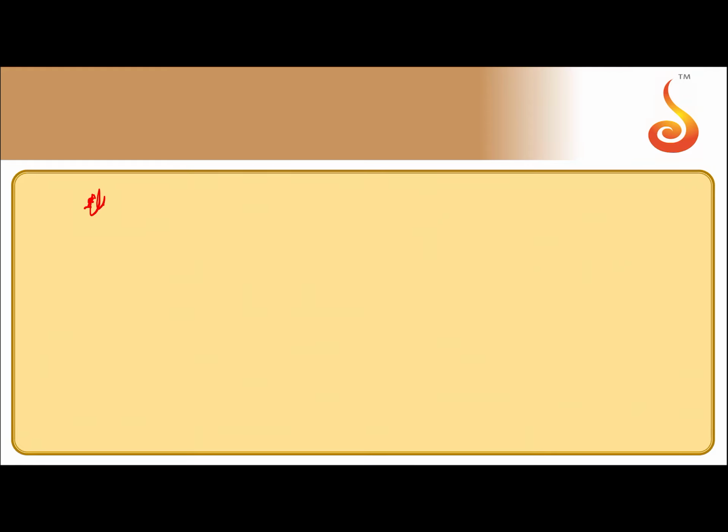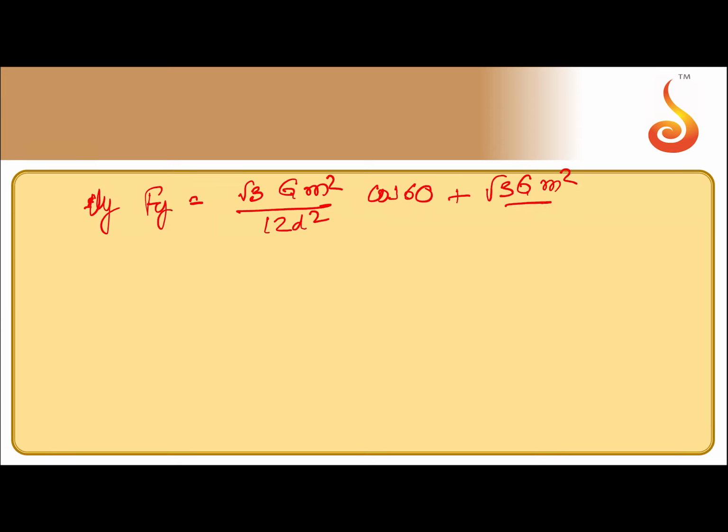Likewise, similarly, we have Fy. What is that Fy? Root 3 G m square divided by 12d square cos 60, plus root 3 G m square divided by 3d square, plus G m square divided by 4d square into cos 30.